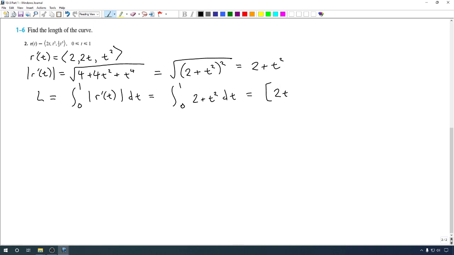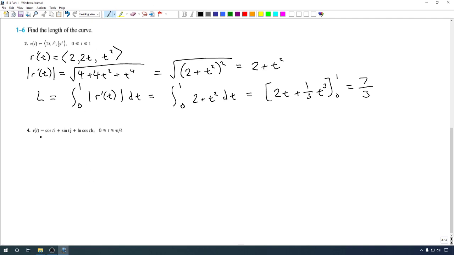The integral of 2 is 2t. The integral of t squared is 1/3 t cubed. When we plug in 1 and 0, the 0 just gives us 0 overall, so really all we're doing is plugging in 1. We get 2 plus 1/3, which is 7/3. That's the length of this curve from t equals 0 to t equals 1.